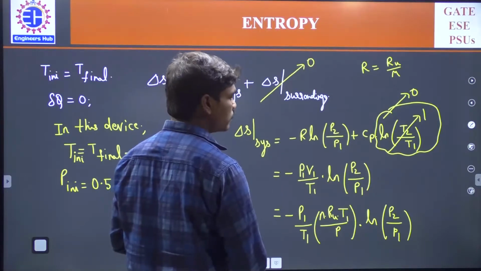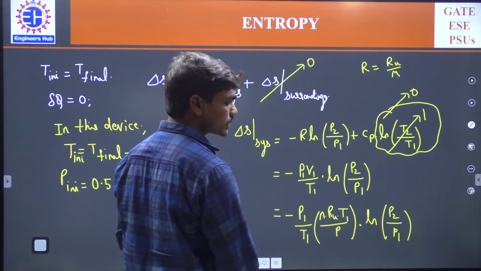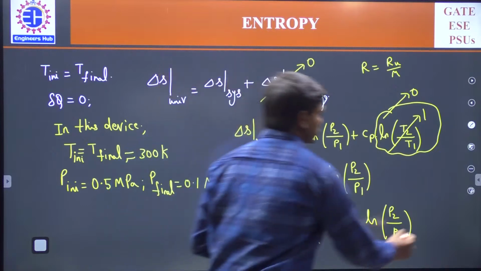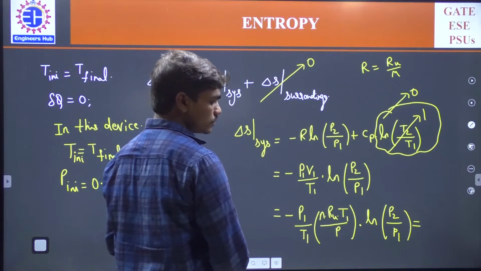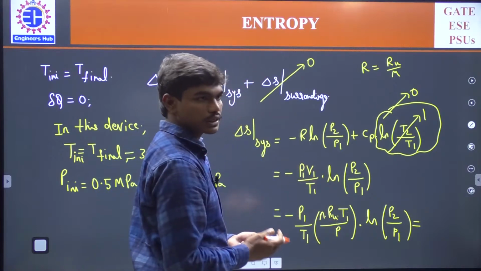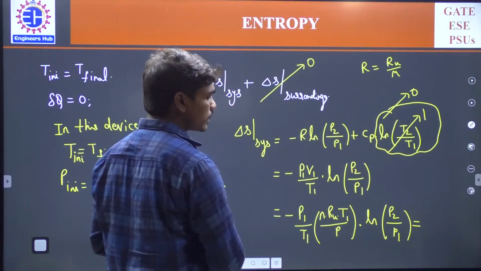Please tell me what the values are. P1 is known to you, P final is known to you, and T1 and P get cancelled. The number of moles of gas is also known to you. So please tell me what the value could be. You have all the data here. N, RU is 8.314 kilojoule per kilomole. So now you can calculate the values. Please calculate and tell me what the value could be.